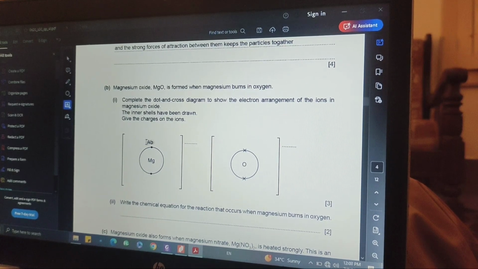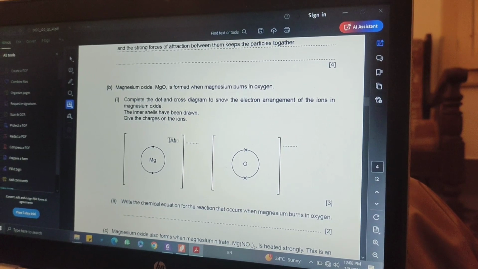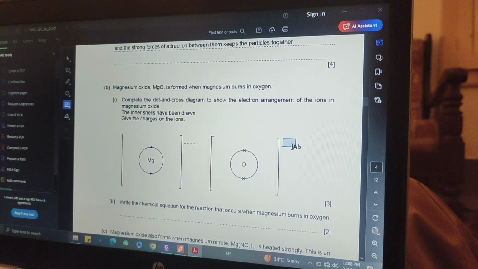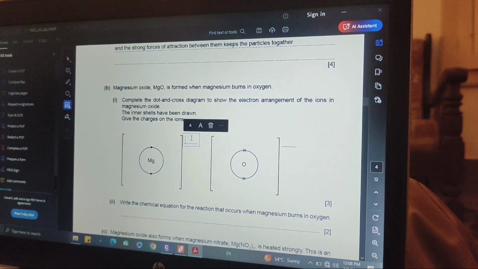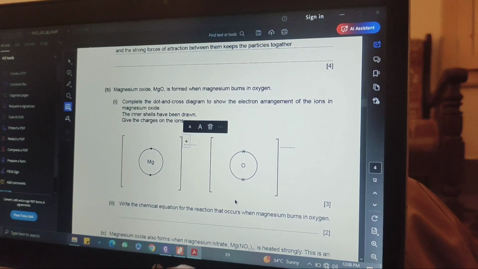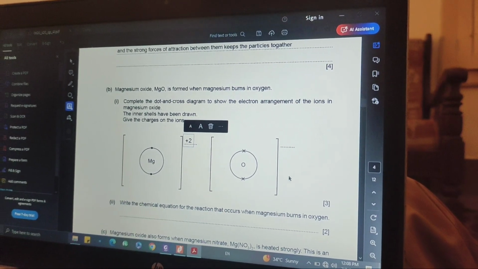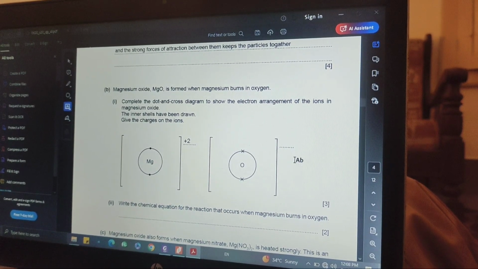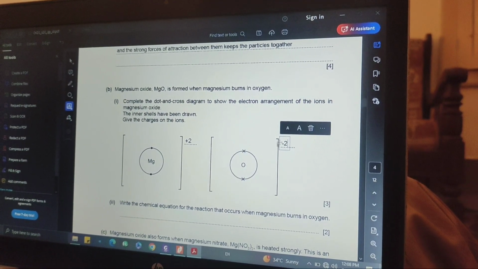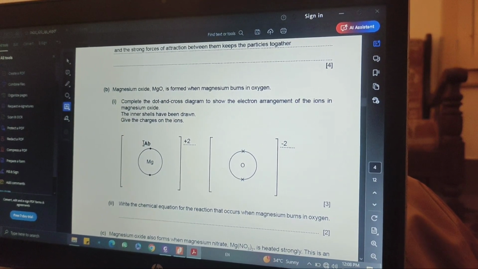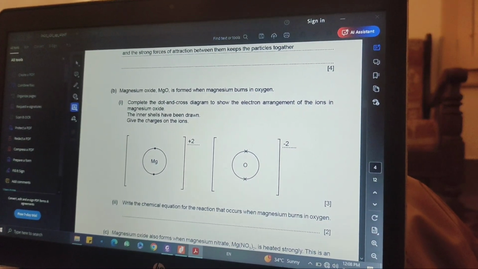We need to draw the rest of the structure, as well as provide the charges. Magnesium belongs to group 2, so it will be losing 2 electrons, and oxygen belonging to group 6 will be gaining 2 electrons. Charges, and then we need to draw the outermost shell.